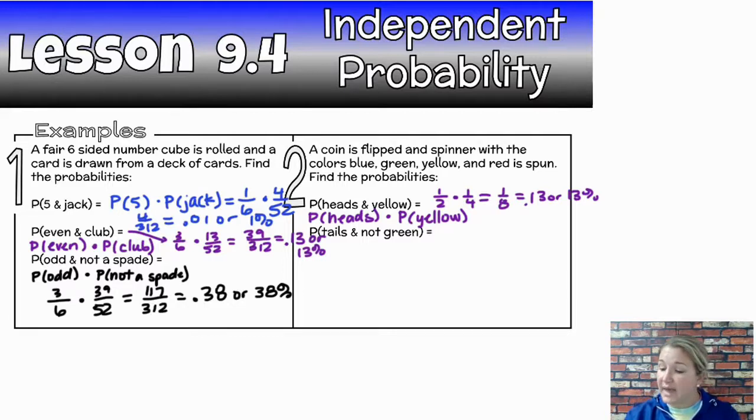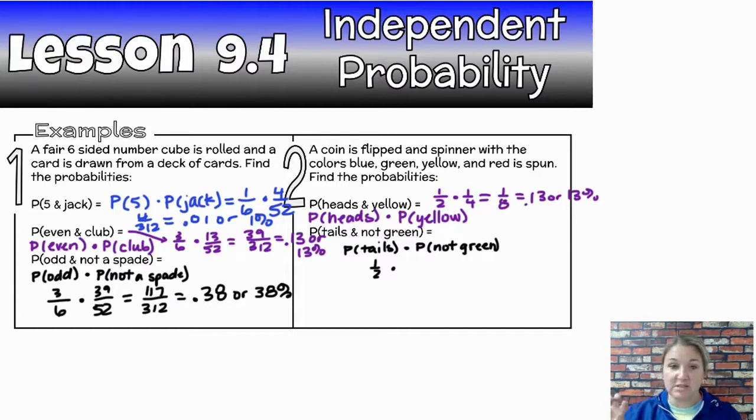On the next one, we have the probability of tails and not green. So I'm going to find the probability of flipping a tail with the coin, and then the probability of not green on the spinner, and I'm going to multiply those two. The probability of tails is 1/2 times the probability of not green.